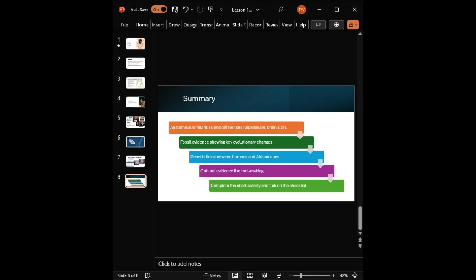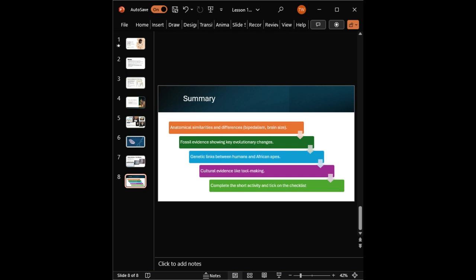Fossil evidence has helped us understand how these changes occurred over time. Genetic evidence like mitochondrial DNA connects us to our common ancestor. Finally, cultural evidence such as the ability to make tools adds another layer to our understanding of human evolution.